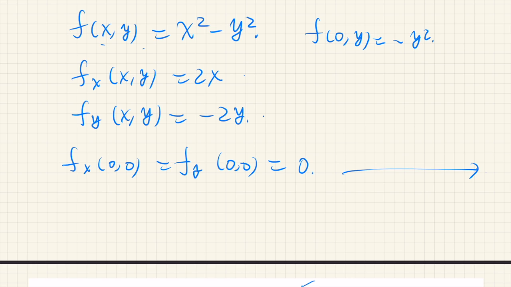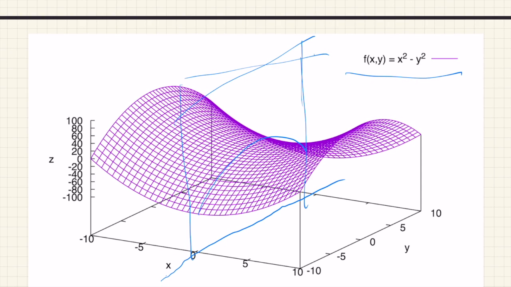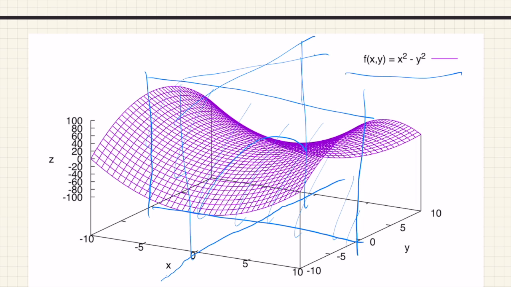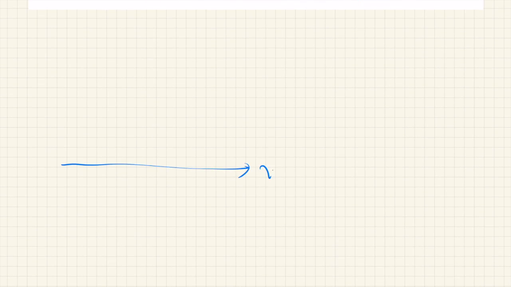So if we plot y versus f(0, y), it looks like this. But if you put y equals to 0, then we look through this plane. If we cut this surface by this plane, the graph should look like this.